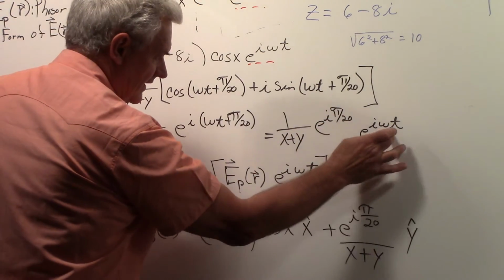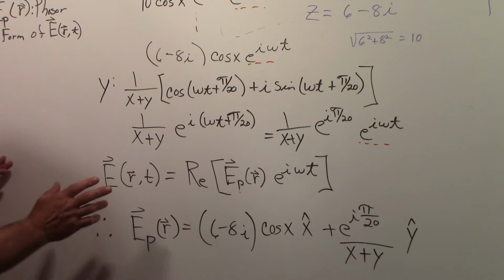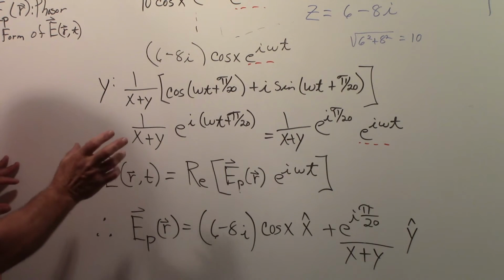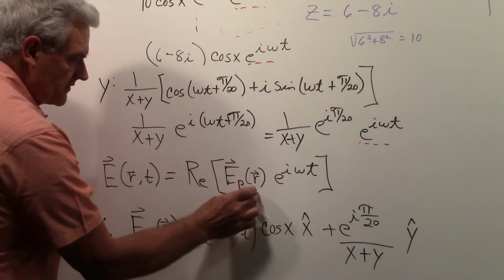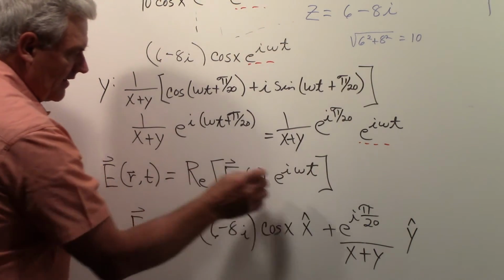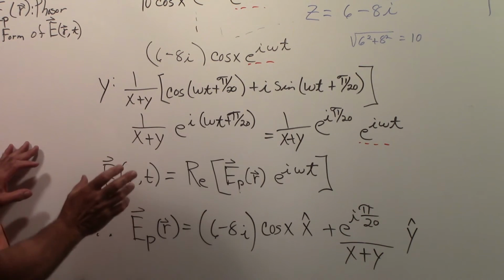And then here is the e to the I omega t we need. And we just want to remind ourselves that the real vector is equal to the real part of the phasor form of the vector, e to the I omega t. We have the e to the I omega t in both components.